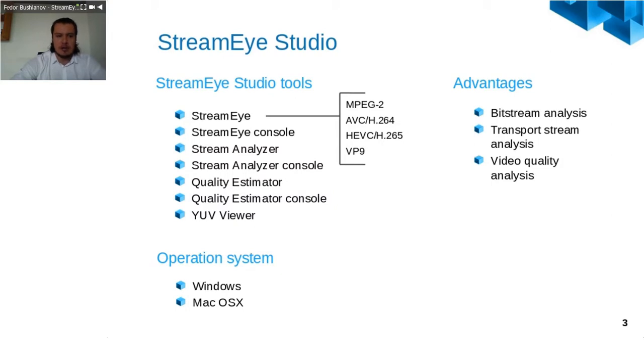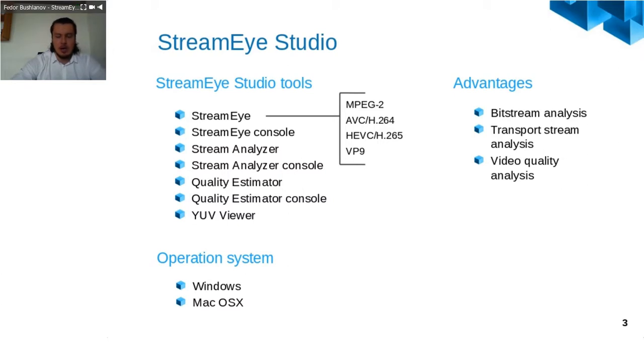There are another couple of important applications included in the StreamEye Studio package. One is Stream Analyzer, that is a Transport Stream Analyzer. If you already have experience with the StreamEye application, then you know that StreamEye is focused on the video elementary stream level, on compressed bitstream analysis, and not on the media container level.